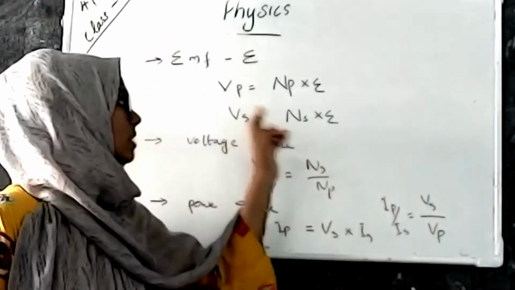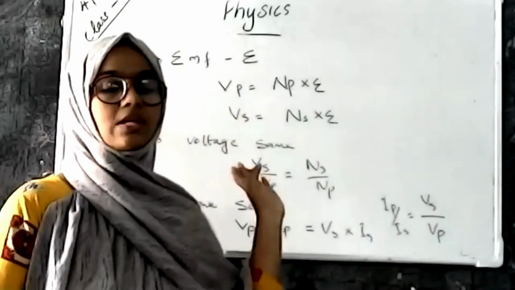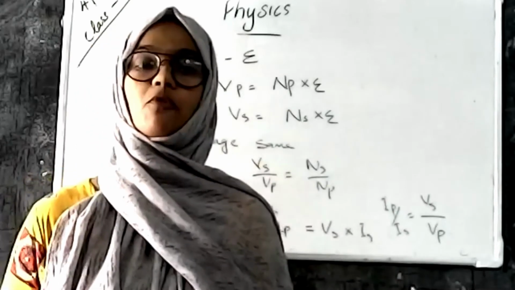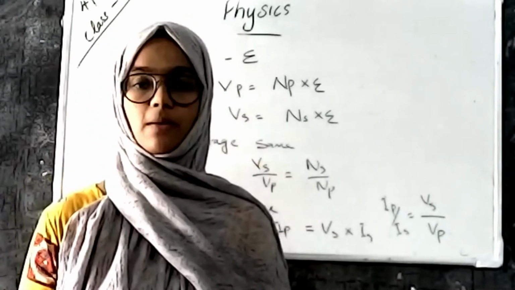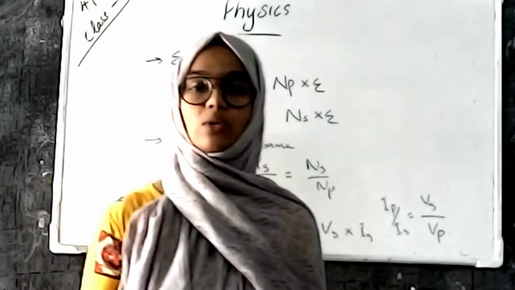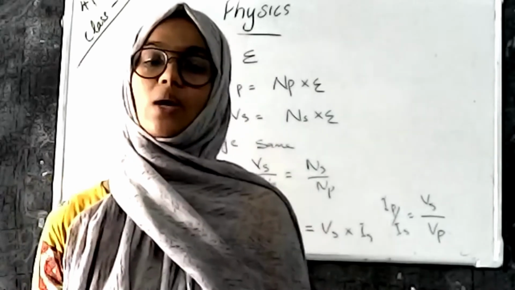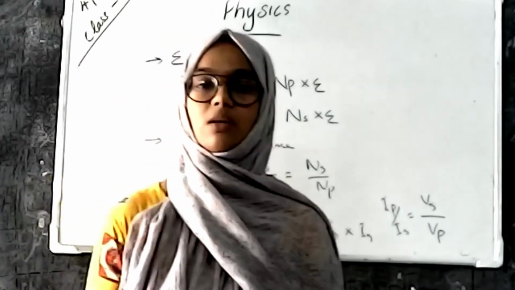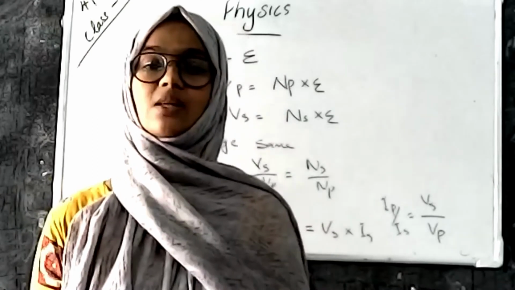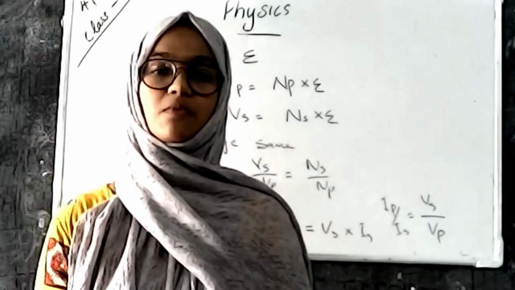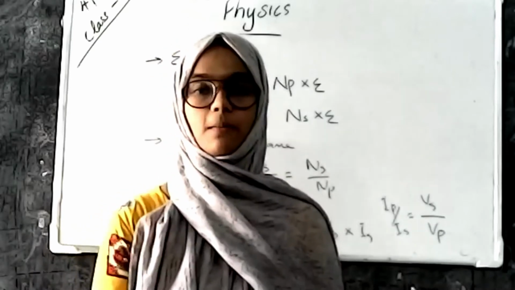And now we are discussing how the voltage changes, what the current is and what the number of turns of a transformer is. This is all about a transformer. I think all of you understand what a transformer is, its function and its parts, and the main difference between a step-up transformer and a step-down transformer.